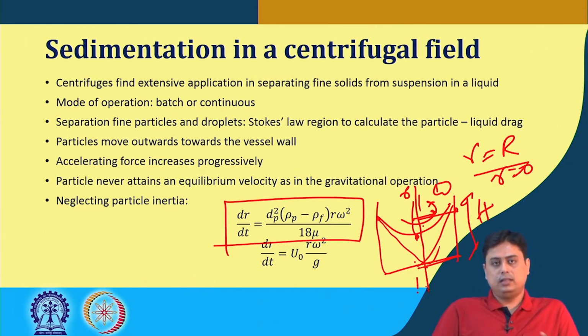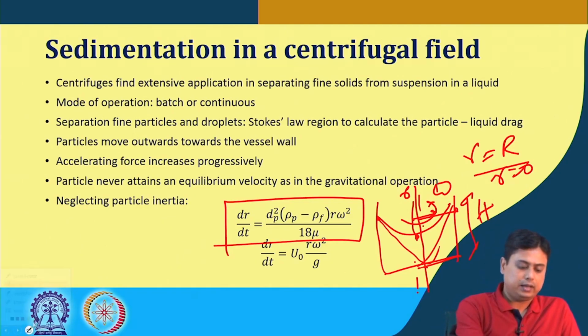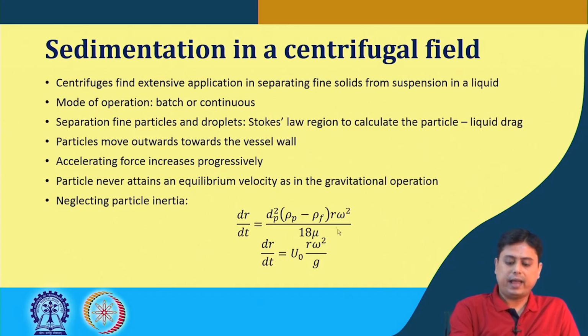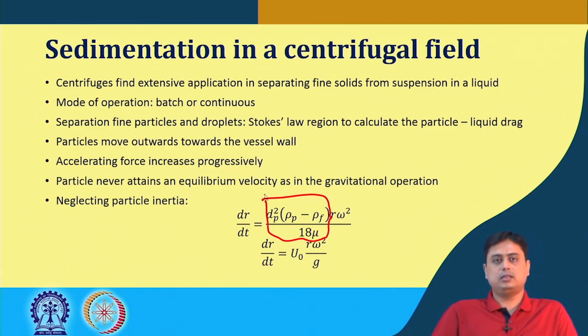So, if this is the flow field, then we can write this expression in terms of single particle terminal velocity. This is the u0 and r omega square by g.